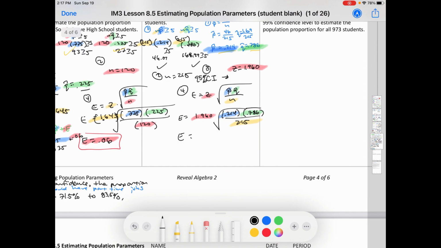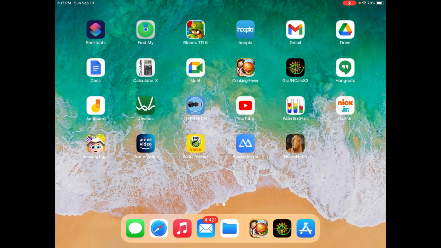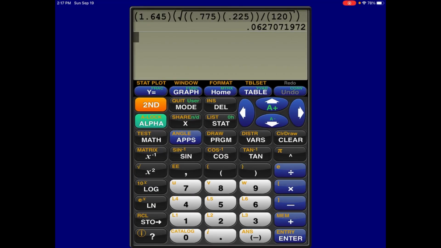Let's put that into my calculator. I'm taking a picture of my math work. Alright. Second enter. Save myself some work, kind of. 1.960.